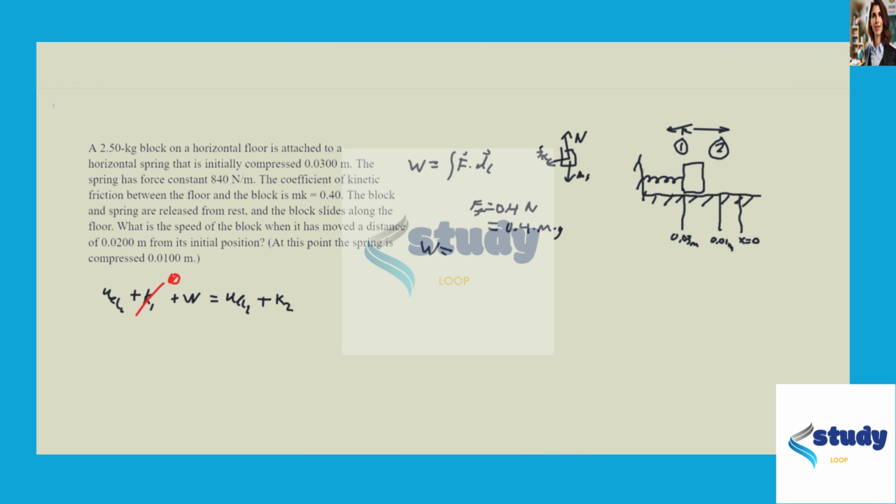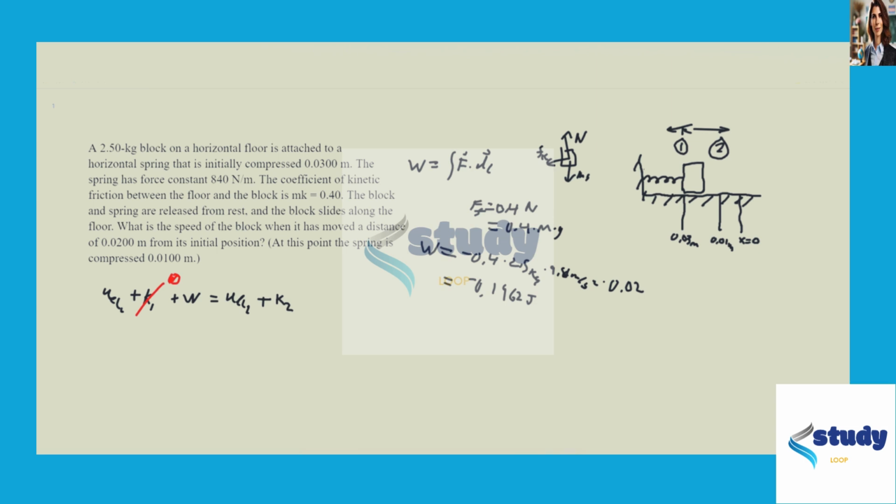So that's negative 0.4 times 2.5 kilograms times 9.81 meters per second squared, multiplied by the distance, 0.02, because it travels from this point to this point. In all, that gives negative 0.1962 joules.